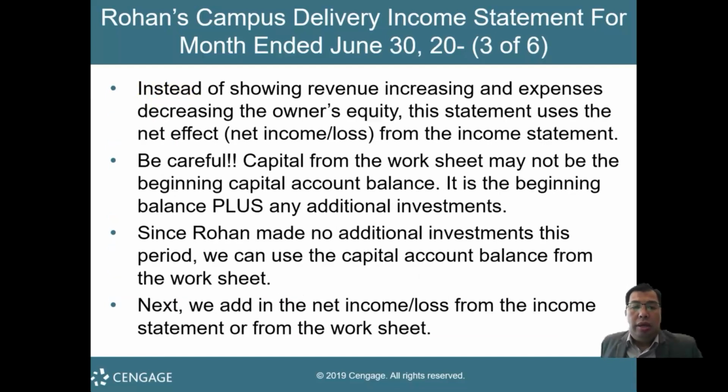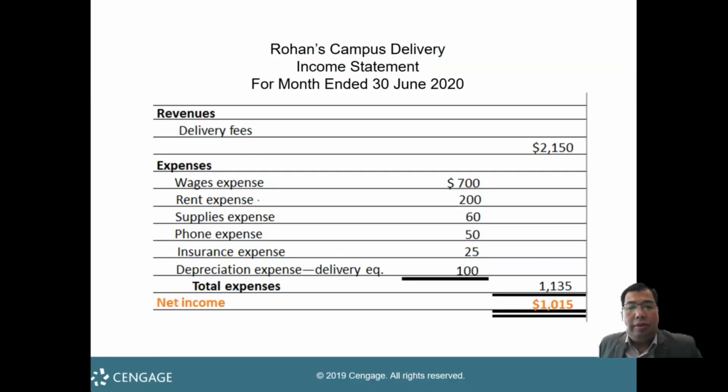This is just an example of it, for example Rohan Campus Delivery. This is the income statement for the month ended. If it is for one month, then it is month ended; if for a year, then year ended. And this is the date, 30th June 2020.